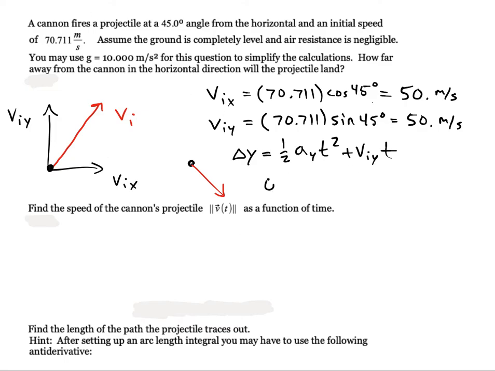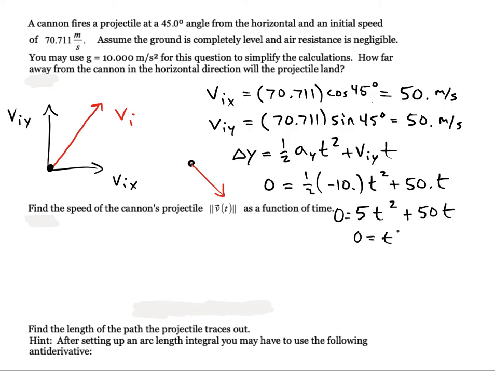We used that in the past. 0 equals negative 5t squared plus 50t, so therefore 0 equals t times (negative 5t plus 50). t is 10 seconds.